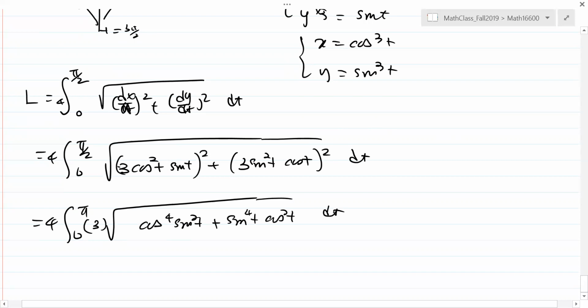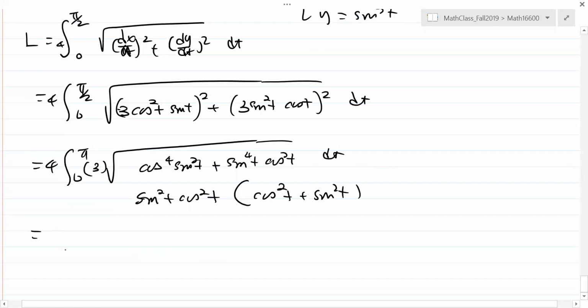Can you simplify further? The answer is yes. You can take a sine squared t, cosine squared t out. Then you get cosine squared t plus sine squared t, which is going to be 1. So the square root of this is just sine t, cosine t, dt.